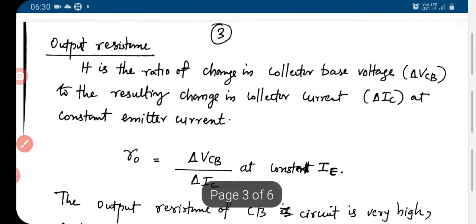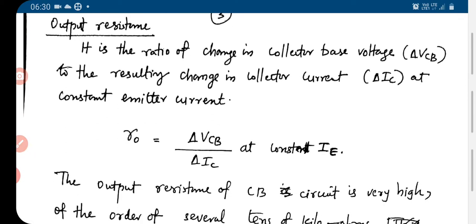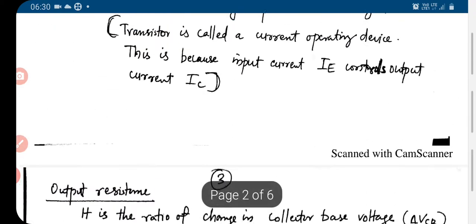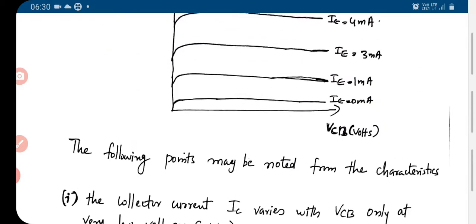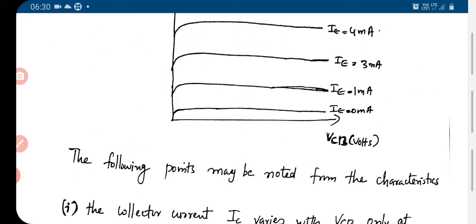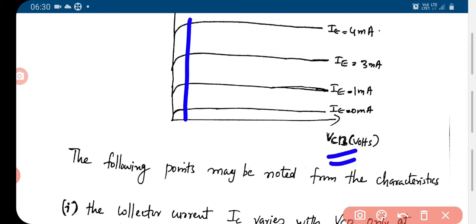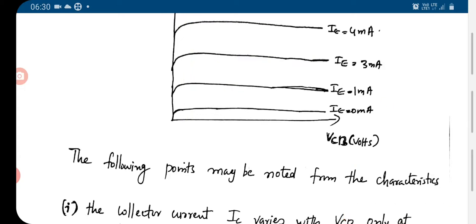Now what about the output resistance of the transistor? Once again, we can see the change in IE with the VCB when the transistor is in this region. This is quite small. Even for a very large change in VCB, the change in IE is very small.